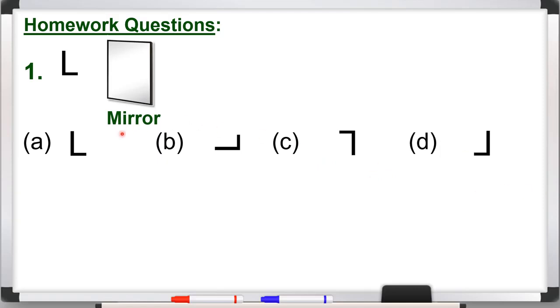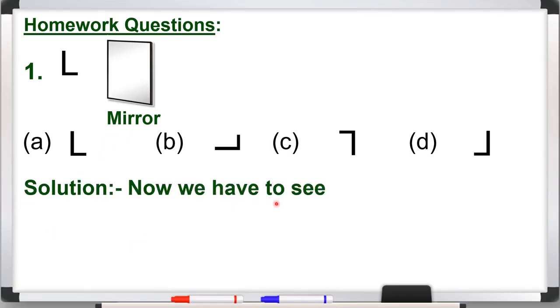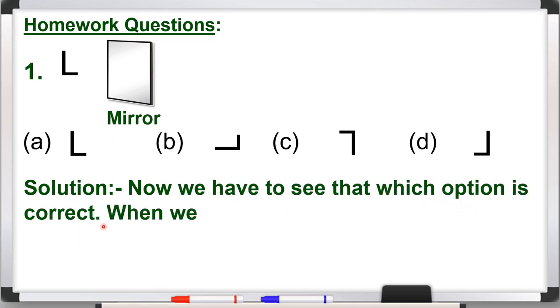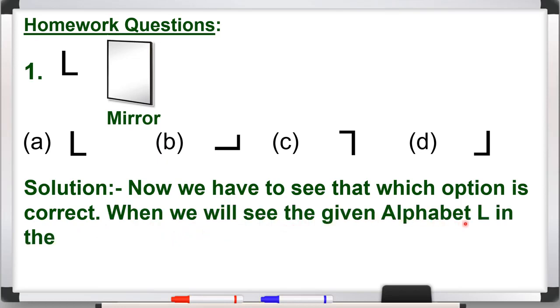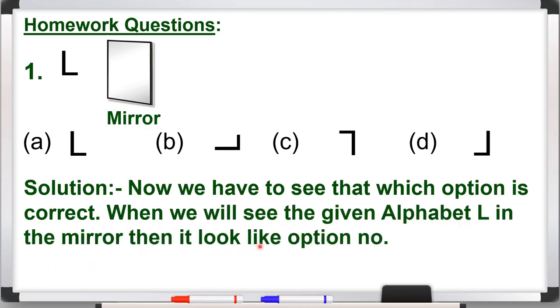Now we have to see, beta, which mirror image is correct. When we see the given alphabet L in the mirror, it will look like option number D.